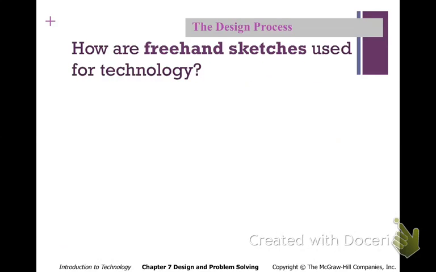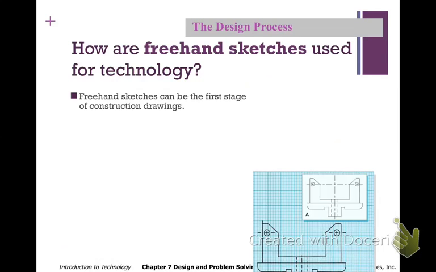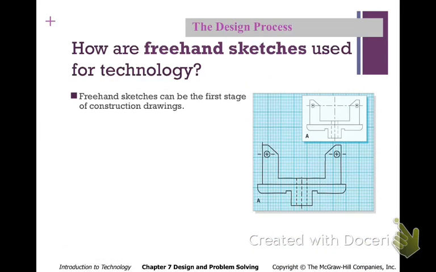But why do we use sketches in technology? Remember, we talked about the ideas in your head. We got to get your idea from your head onto conceptual design on paper. So we do a lot of freehand sketches to get our drawings on paper. We're going to do some sketching in class that looks similar to this, where you're going to sketch out on some graph paper, just getting your ideas from your head onto paper, so then we can see what you're thinking of.